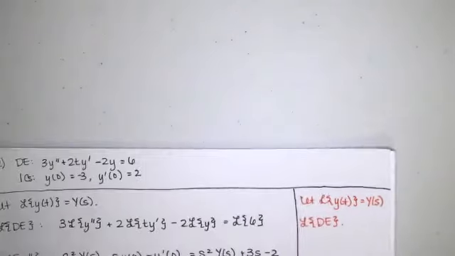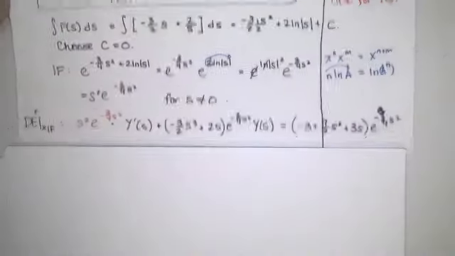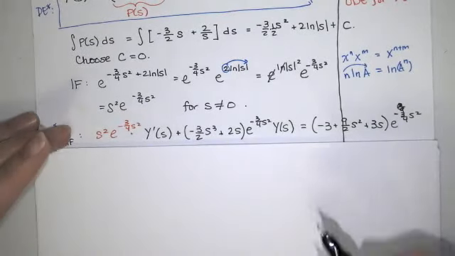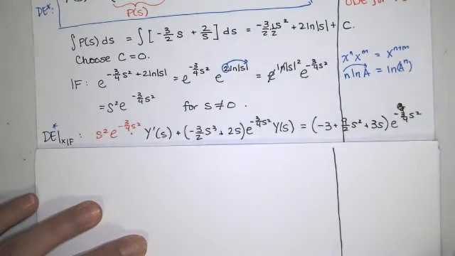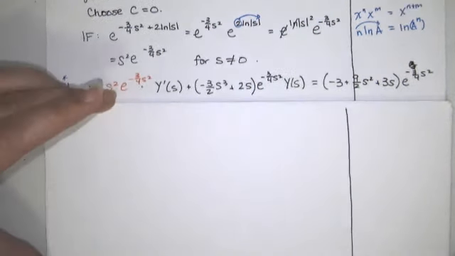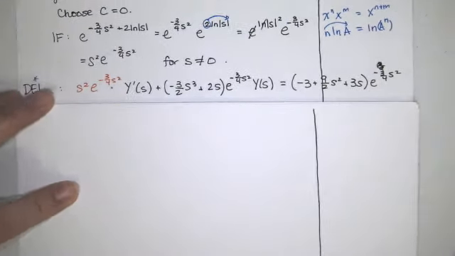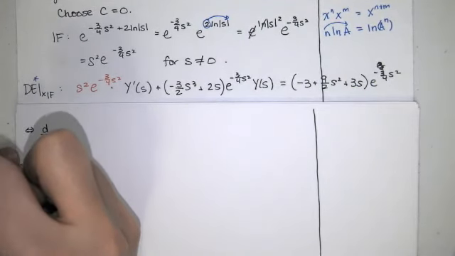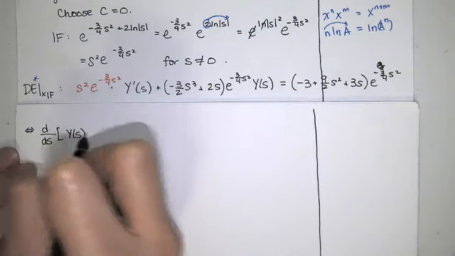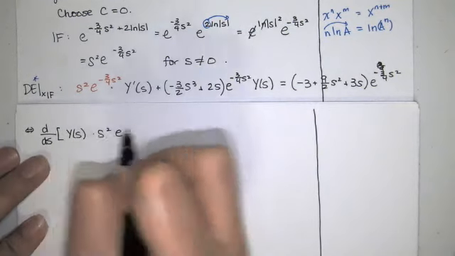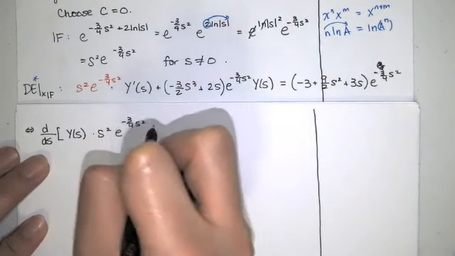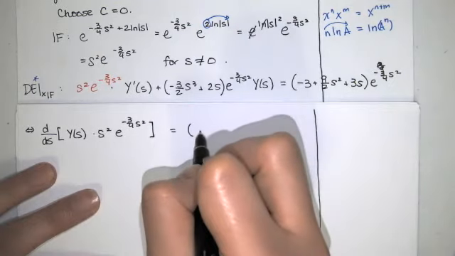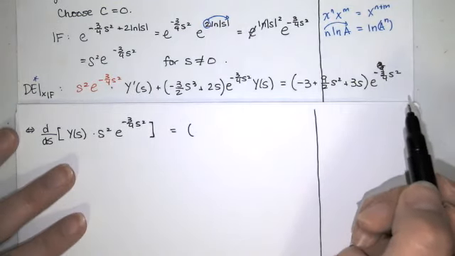Now the claim is that if we multiply by the integrating factor, then the left-hand side should be the derivative with respect to s of y of s times the integrating factor. And I think I'll write this differently.